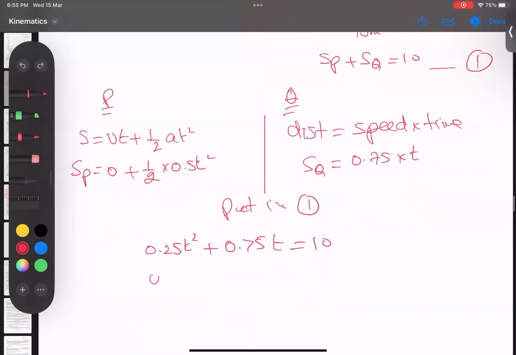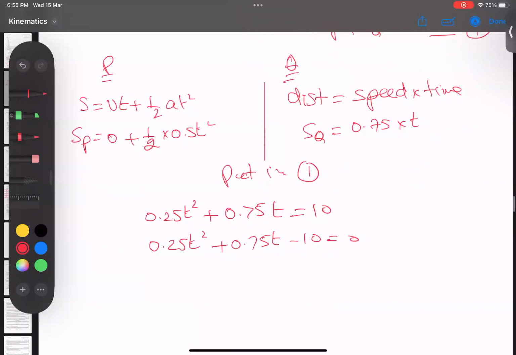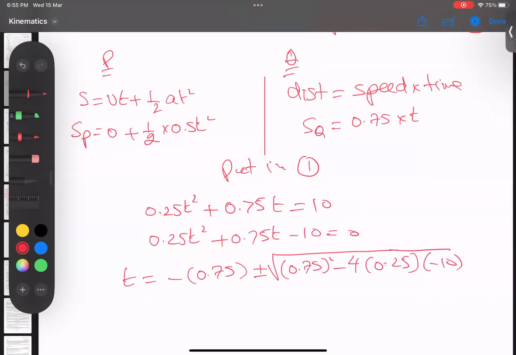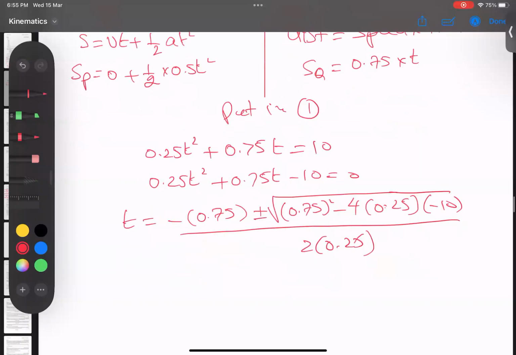Now I bring it to 0.25 T squared plus 0.75 T minus 10 equals 0 and apply the quadratic formula: negative B plus or minus the square root of B squared minus 4AC, over 2A.